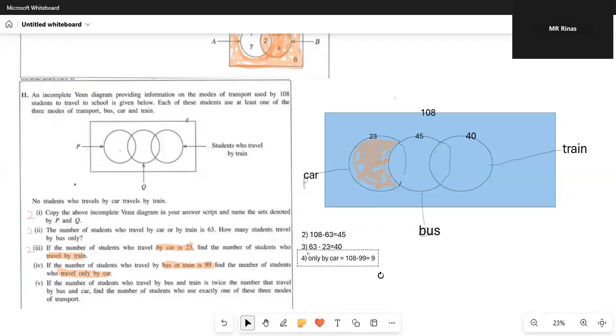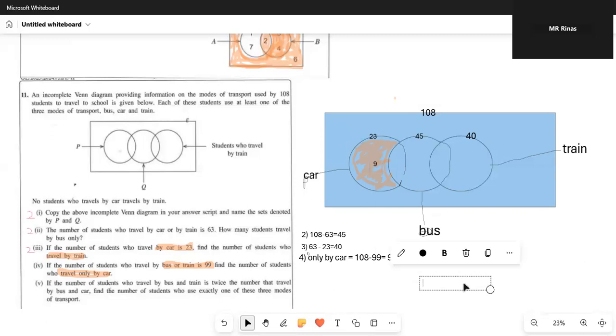Fourth answer, 9. So only by car is 9. Now from the car you know 23, and 9 of them travel only by car, so from 23 you subtract 9 and you have 14.